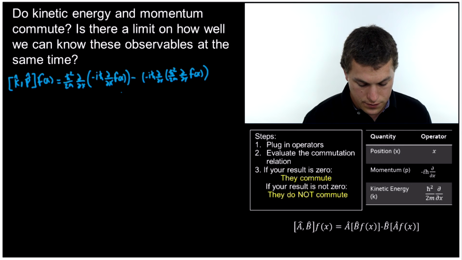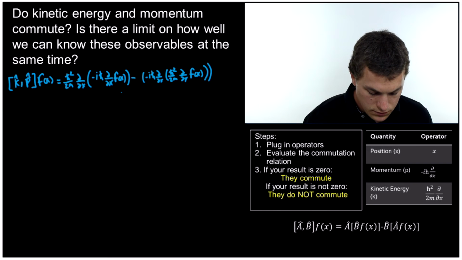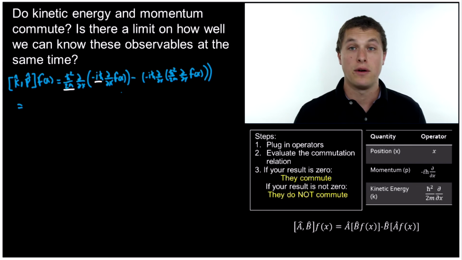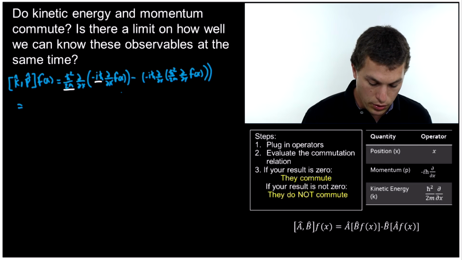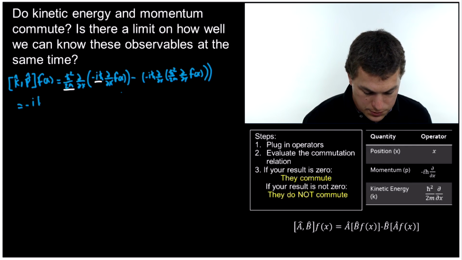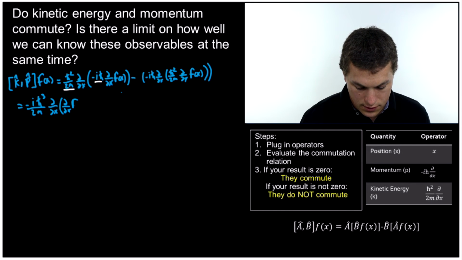All right. So now all we have to do is evaluate this. Well, in both cases, we have these constants, and they don't affect what our derivative is. So we can go ahead and pull those out. So for the first term, we're going to get negative i h bar cubed over 2m. And then we have the partial of x, and then we have another derivative of x times f of x.